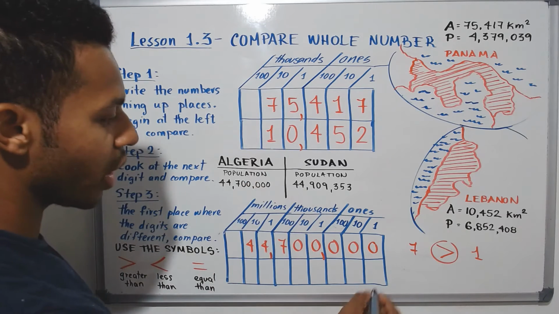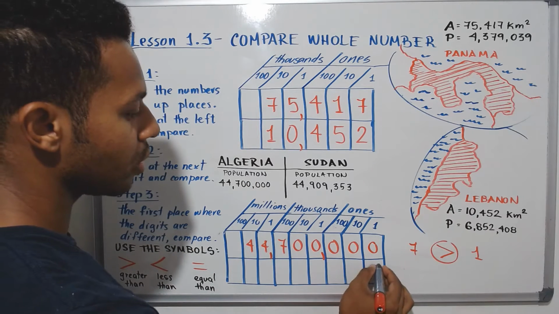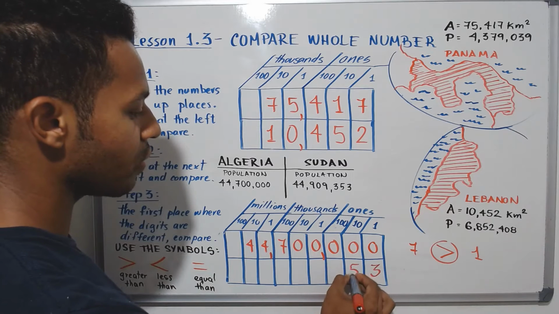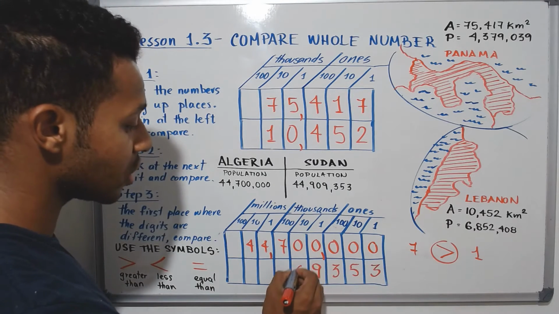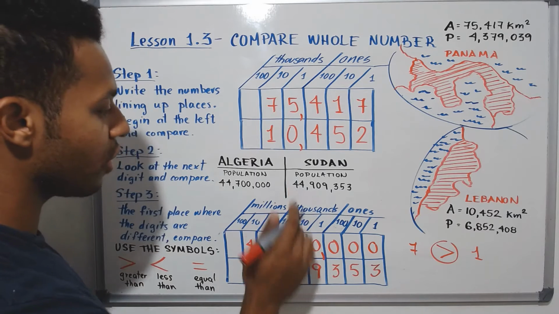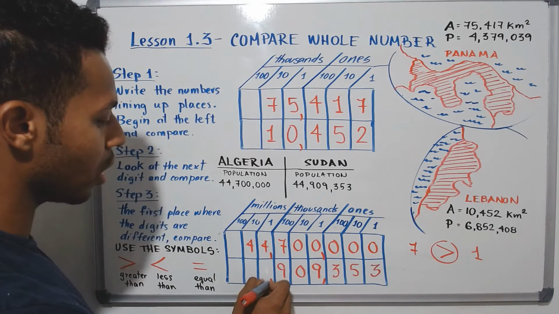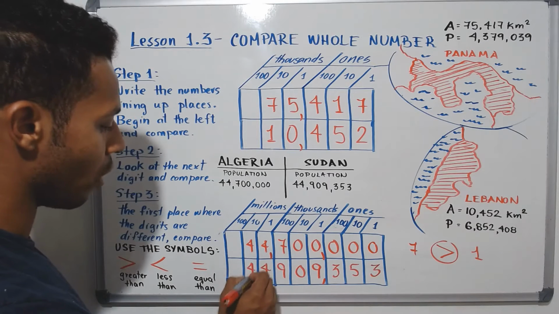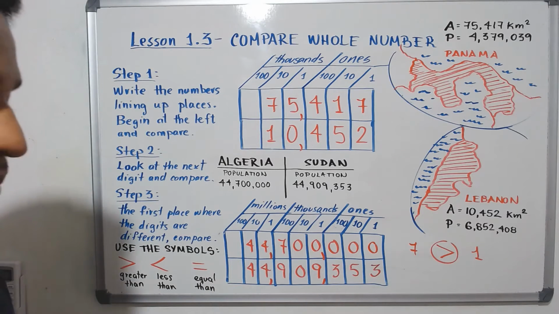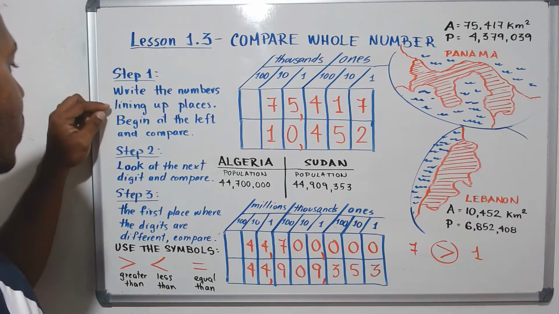Now we're going to write Sudan. 3, 5, and 3 for the ones period. We have 9, 0, and 9 for the thousands period, separated by a comma. And for the millions we have 4 and 4. Very good. So let's follow the next step.